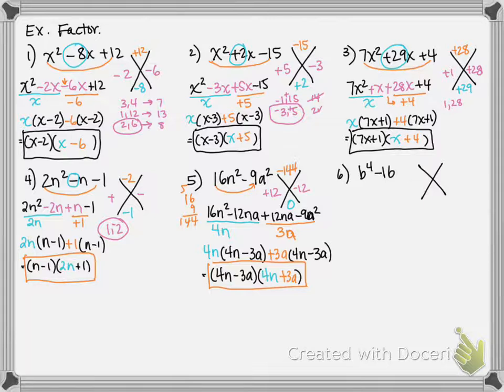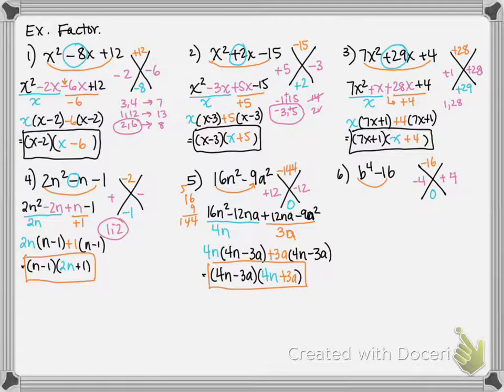So the product number is going to be negative 16. 16 is a perfect square, right? Your sum number is absent, so that means it's 0. So what times itself gives me 16? It's going to be 4 times 4, but we're going to have one that's a positive and one that's a negative, so I'm going to put the negative in front and the positive in the back.